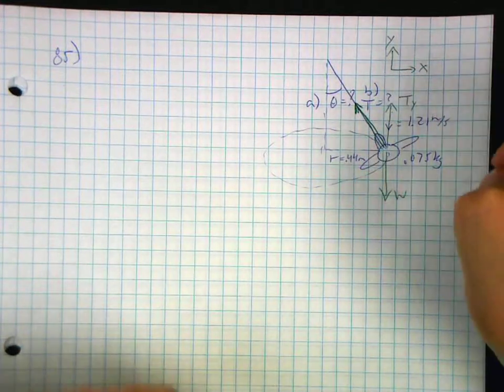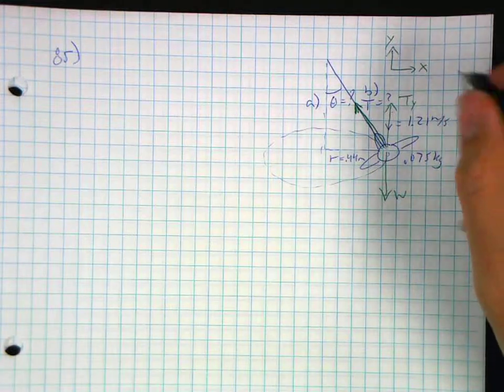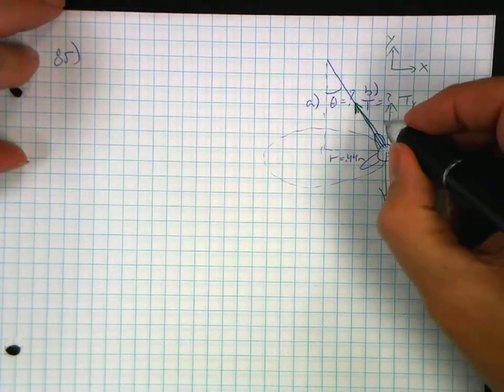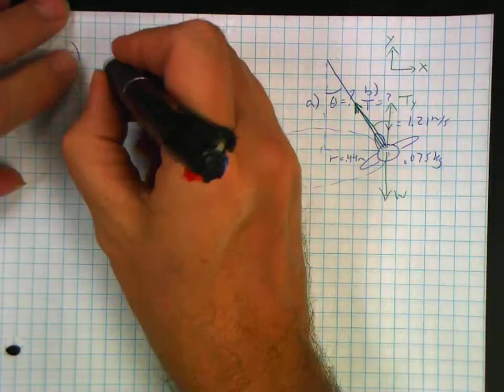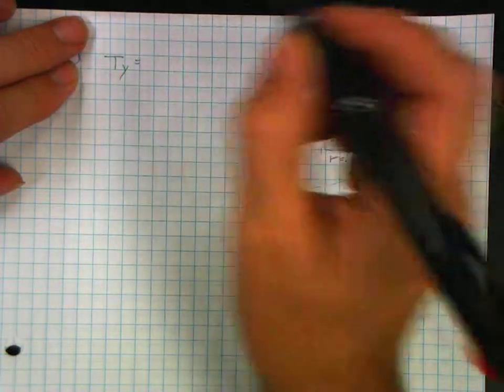Now, tension in the y direction is the same thing. Now that angle also occurs down here, so that is the adjacent side. Upward force is tension in the y direction, downward force is the weight.